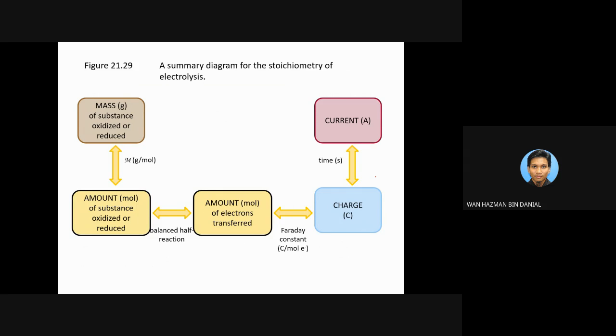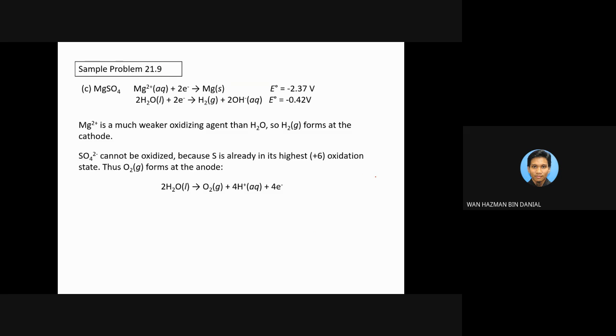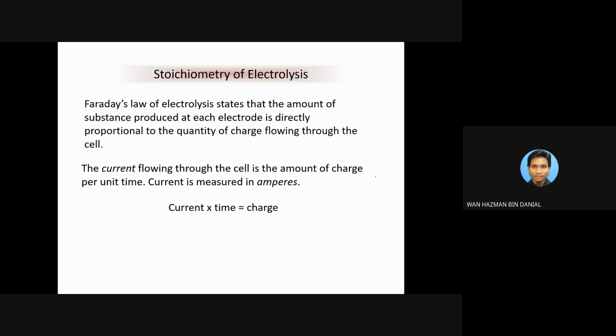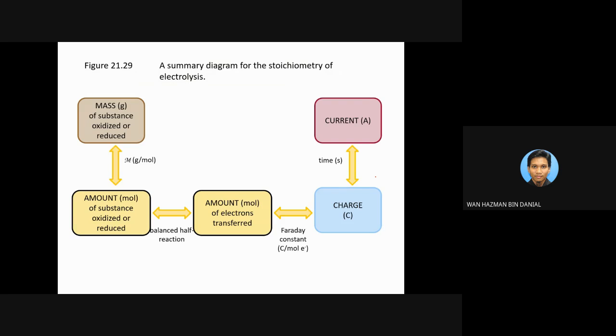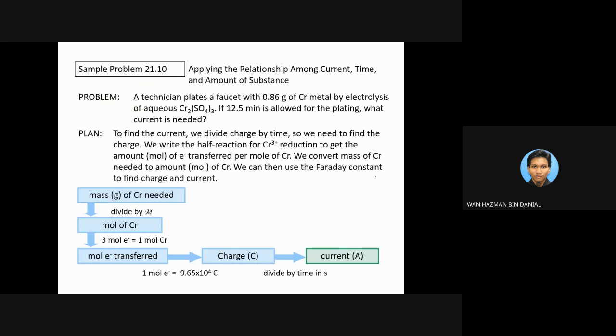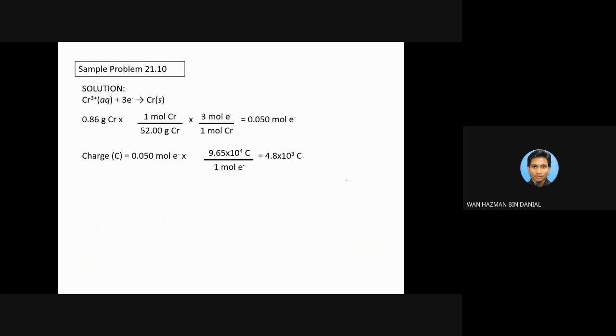Kalau kita tengok dalam electrolytic reactions kan ada yang diffuse atau yang dissolve dan ada juga yang form a solid kan. From there we can calculate berapa charge ataupun berapa voltage yang diperlukan untuk precipitate a certain amount of amalgam kan. Okay, so I think we continue lah. So this topic we have next week.